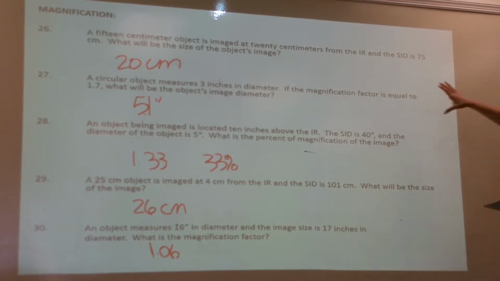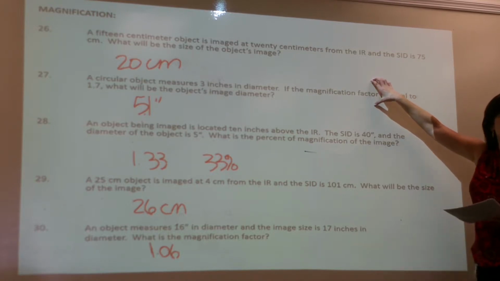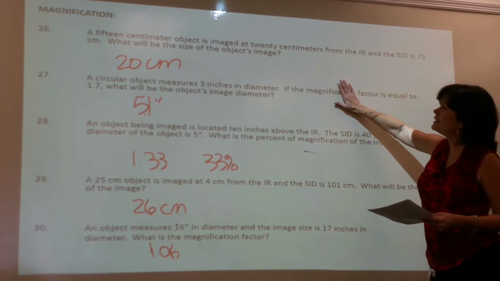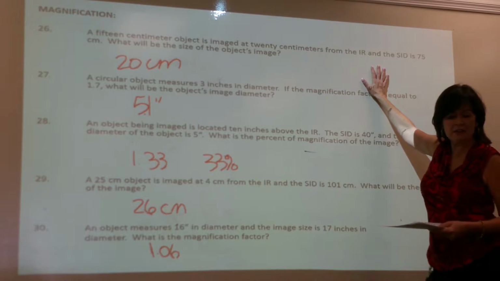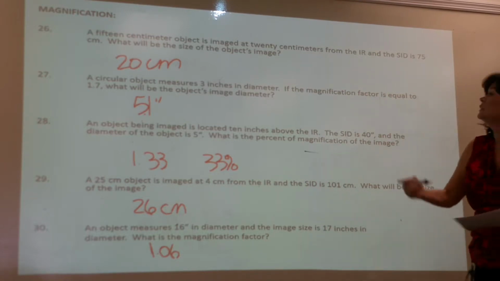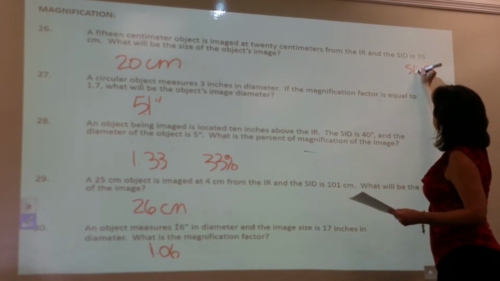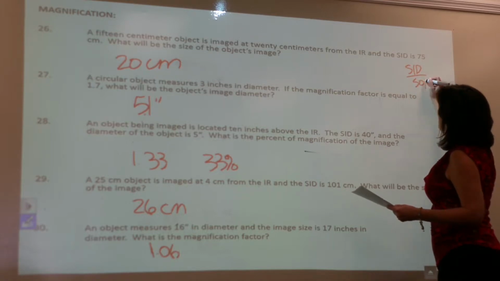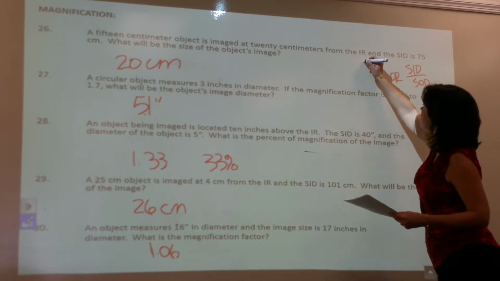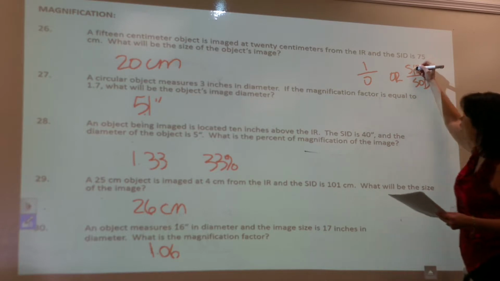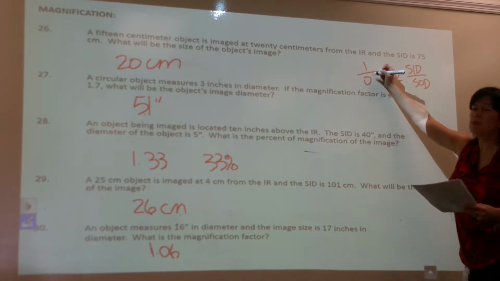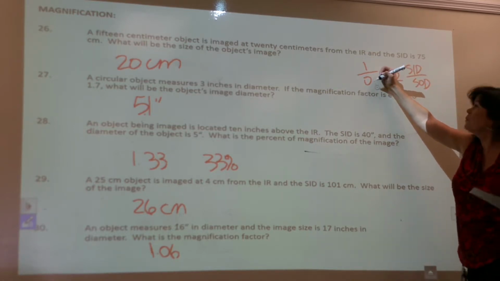If you find the magnification factor here, how did I get these answers? How do you find the magnification factor? SID over SOD. Or image over object. It's always image over object. So whichever one you want to use.